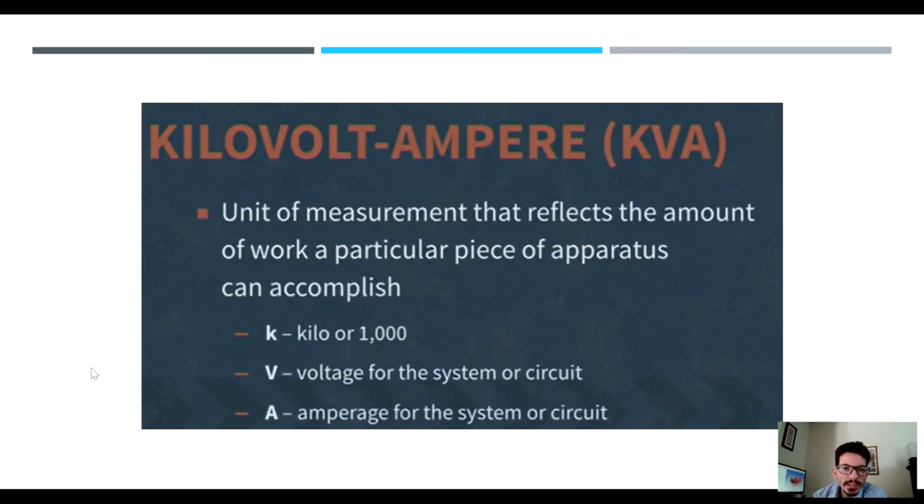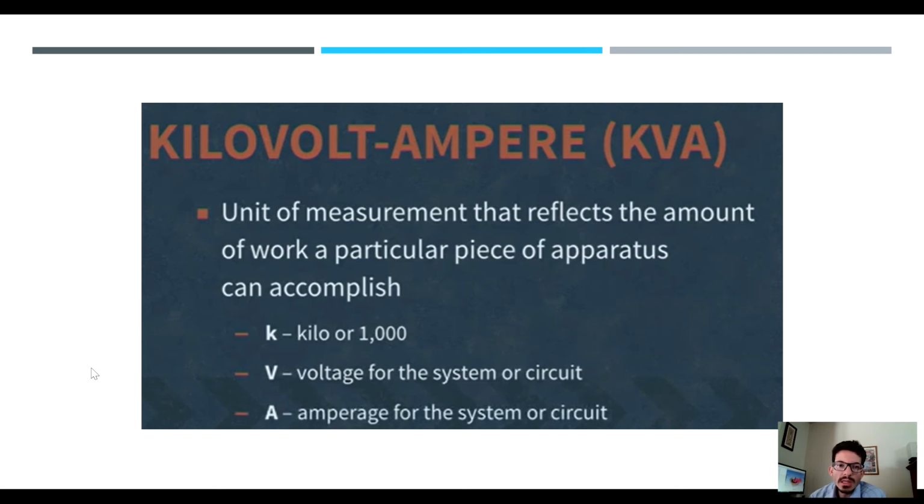In order to characterize a transformer, we usually use kilovolt ampere, simplified as kVA. We by now should know how to compute kilowatt hours, which is an important unit to determine the amount of energy that we use.